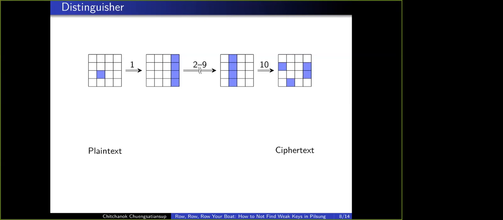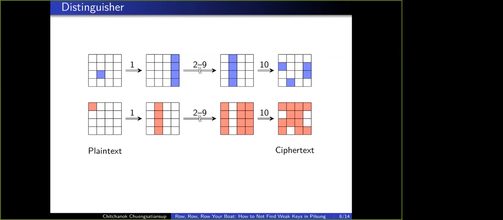And if it happens that that is a column that is preserved from round 2 to round 9, then by the end of round 9, we have 2 ciphertexts, or internal states of a ciphertext, that have exactly 1 column that is different, or 4 bytes different. And in round 10, shift row will permute those 4 bytes around, and because there's no mix column, it remains that we have 2 ciphertexts that have exactly 4 bytes that are different.